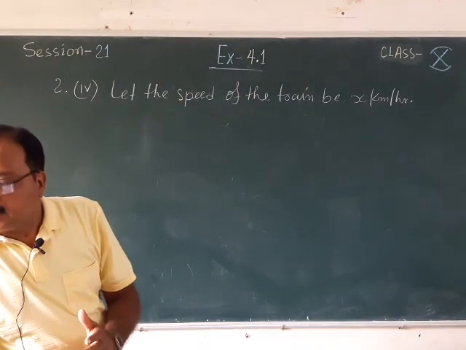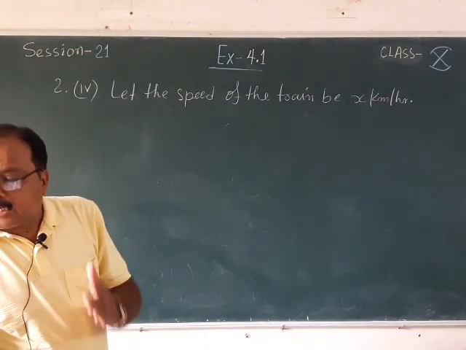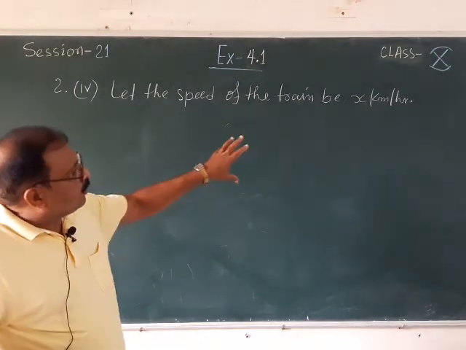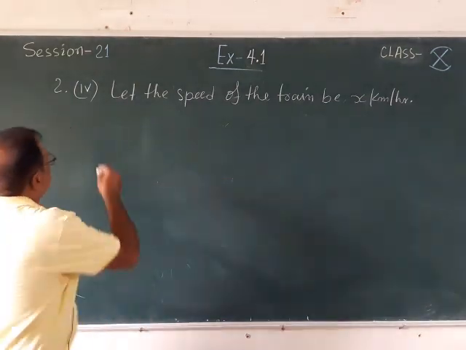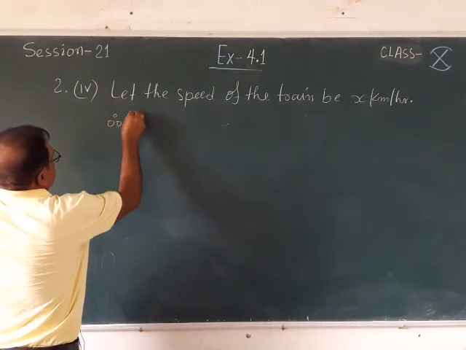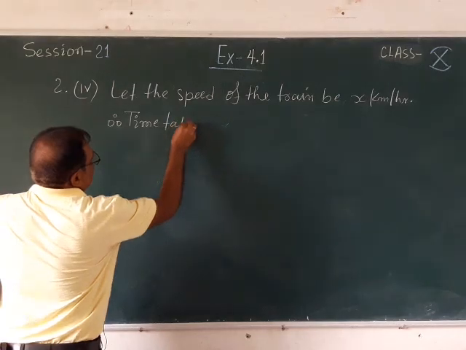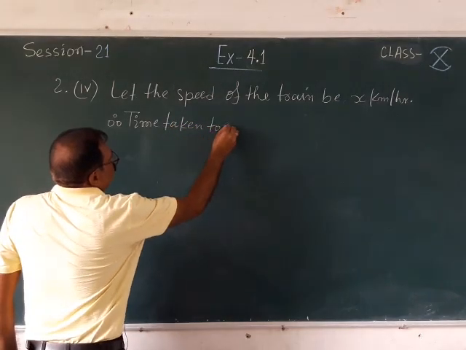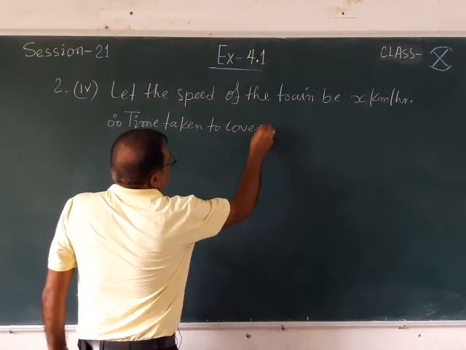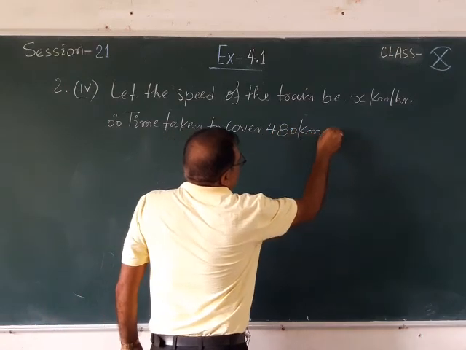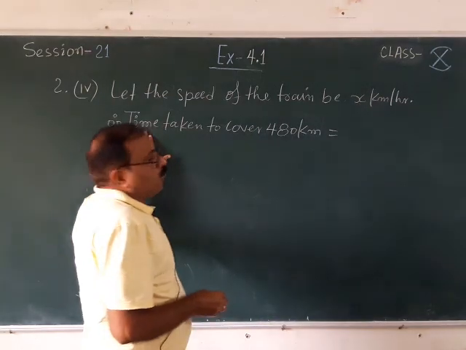Now the train is going 480 km, then how much time is required? Therefore time taken to cover 480 km, we want to find the time.